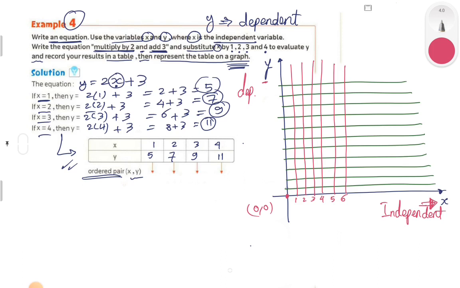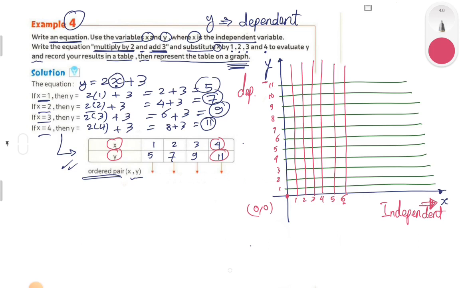Also the same thing on the y-axis, 1, 2, 3, 4, 5, 6, 7, 8, 9, 10, 11, and so on. I just need the x-axis until 4. We have 6 here. On the y-axis I need till 11. I had 11 here. It's okay, that's enough.